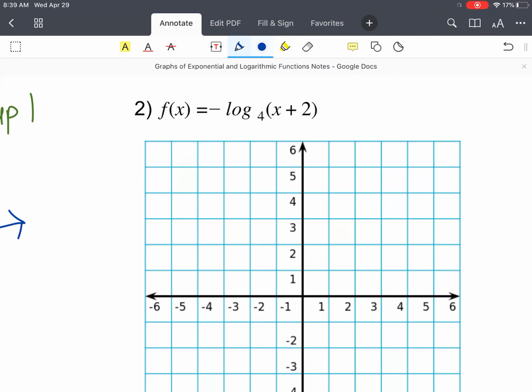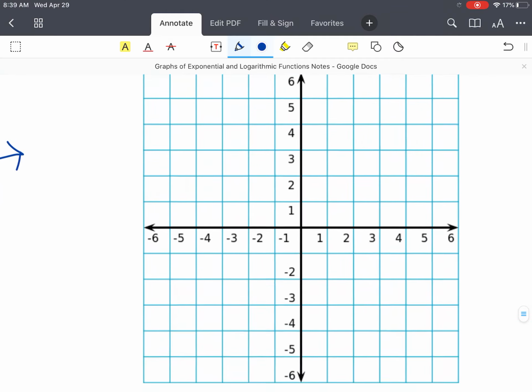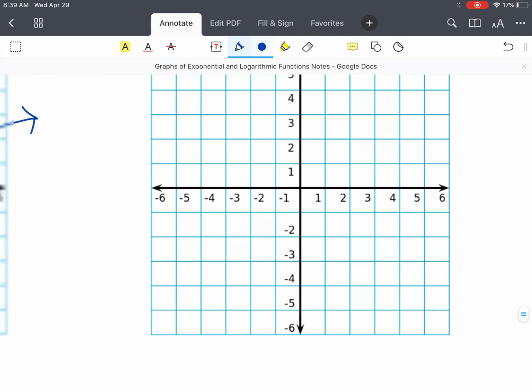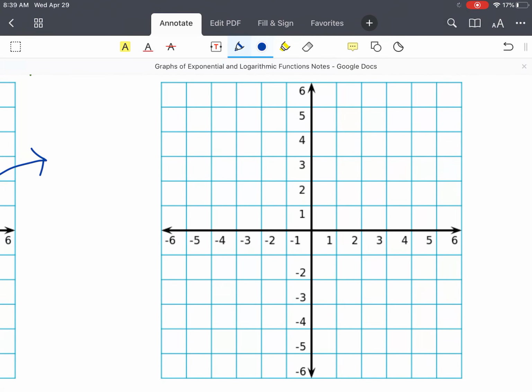Next one. This one says negative log base 4 of x plus 2. Well, that negative is going to be an x flip, as hopefully we know because we've done it a billion times this year. And then we're going to go left 3. I'm sorry, left 2. So that left 2 will affect the vertical asymptote.